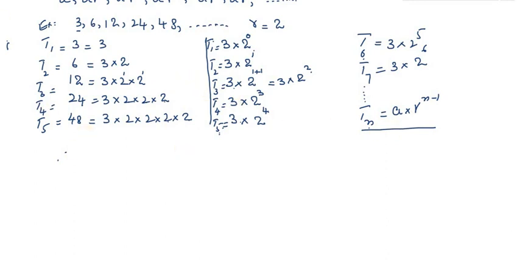So the general term formula of the geometric progression is Tn equals A R to the power n minus 1. This is called the general term formula.